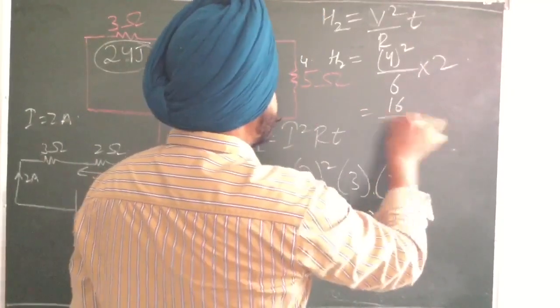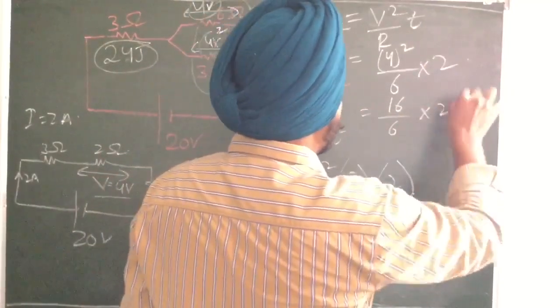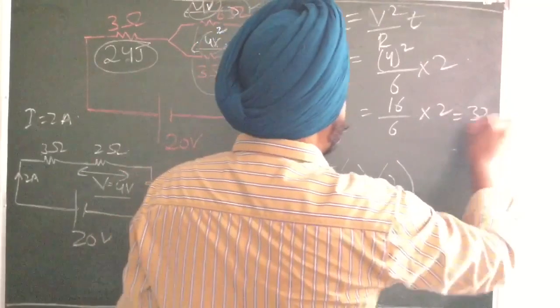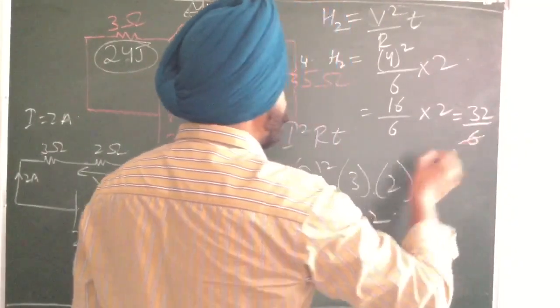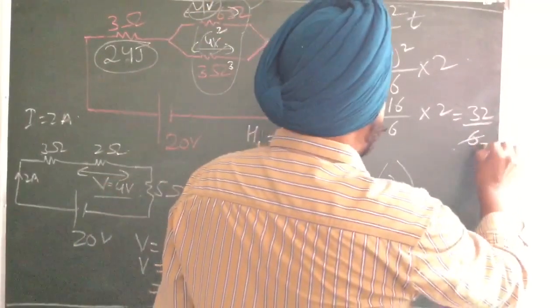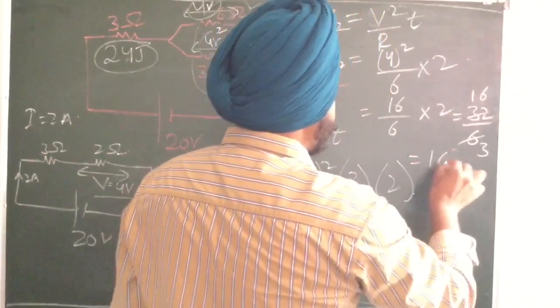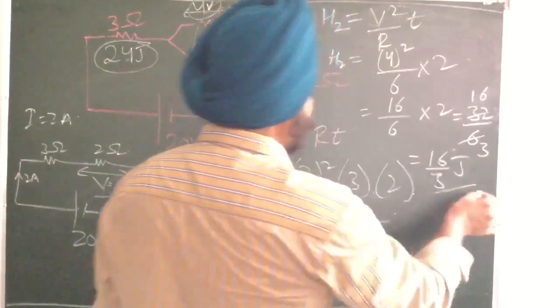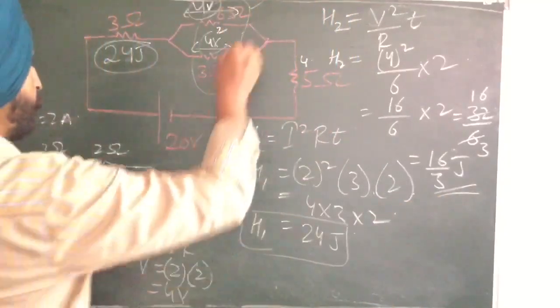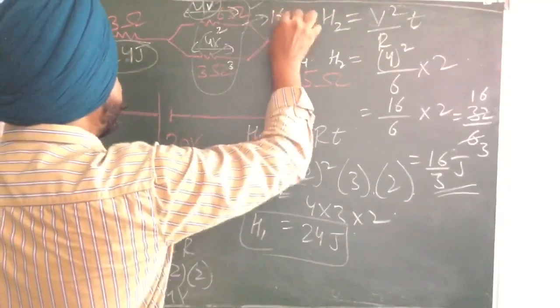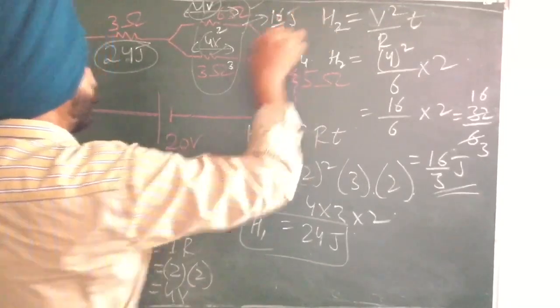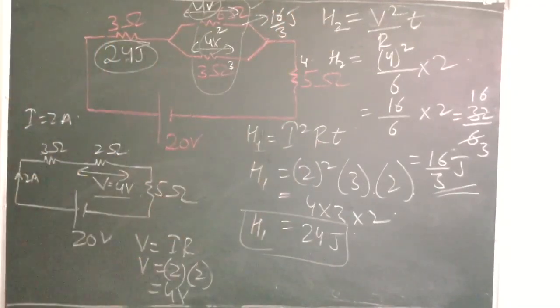So it will be 16 by 6 into 2, or 32 by 6 joule. You can simplify it. So it will be 16 by 3 joule. So 16 by 3 joule is the heat produced in resistor number 2 of resistance 6 ohm.